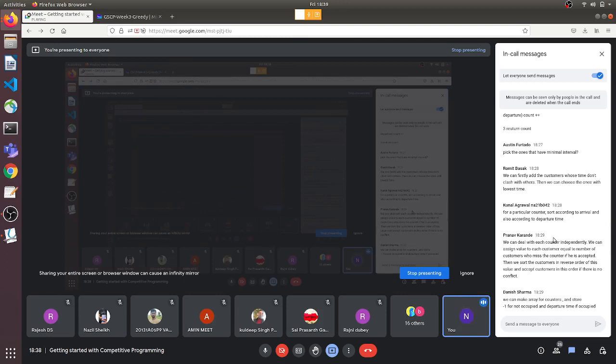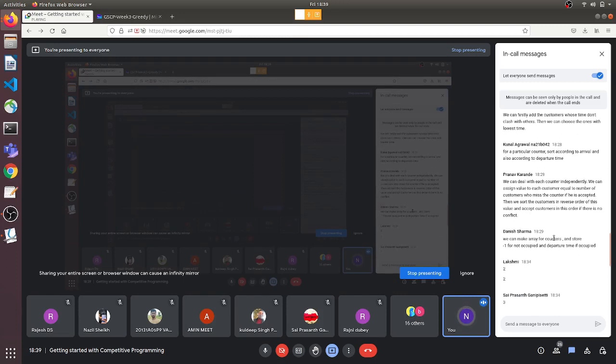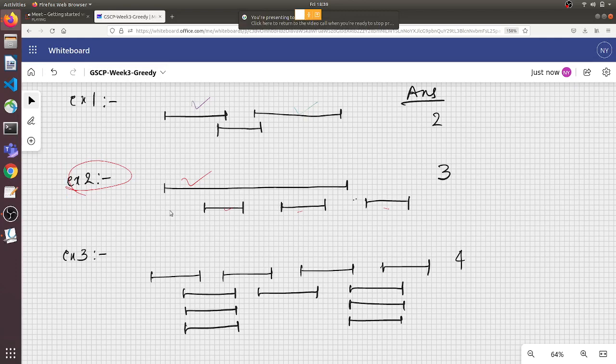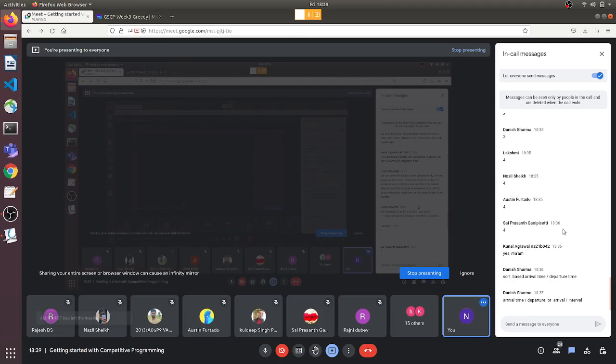If we sort according to the arrival time and then according to the departure time, then I think example 2 shows that it will still not help. So I'm looking for some more answers.